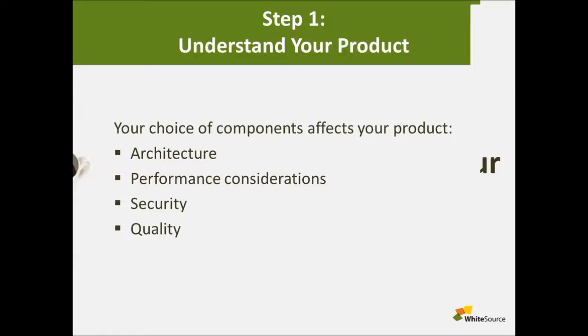And we need to keep in mind that selection of open source or introduction of open source components into your software has far-reaching consequences on architecture, on performance, on security, and the quality of the software product that you build.